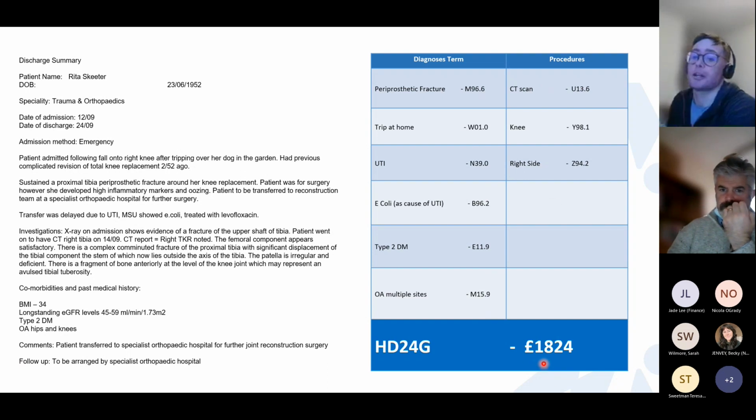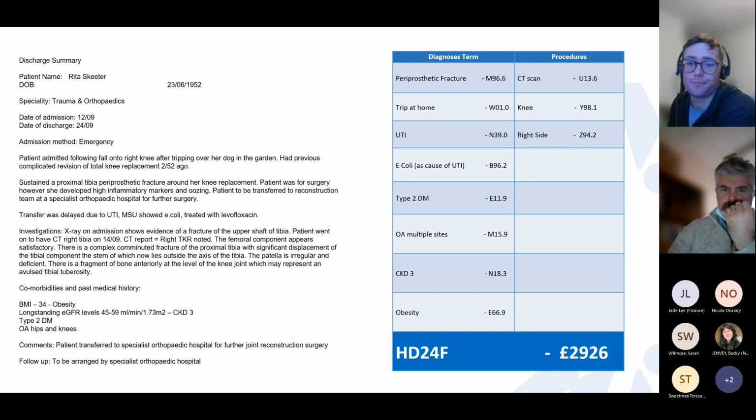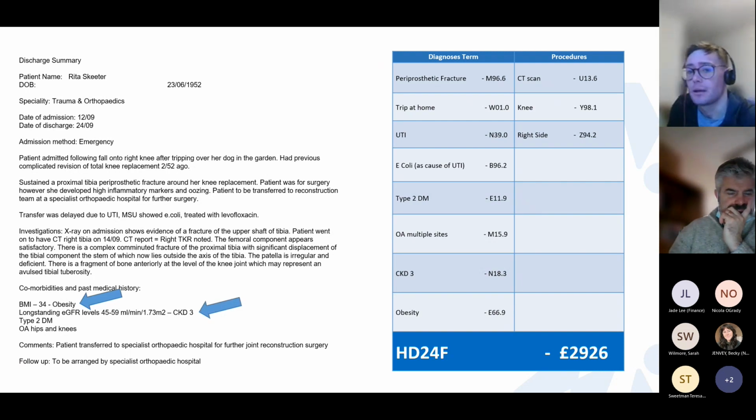And that gets us an HRG with a tariff of £1,824. But the information that was missing was the BMI of 34 indicated obesity. The EGFR indicated CKD. Both of those conditions are codable. So in this example, we've added the two codes, and the tariff has gone up by over £1,000.